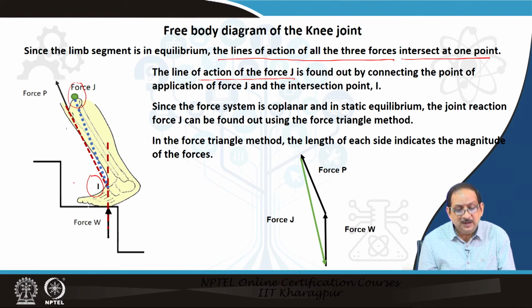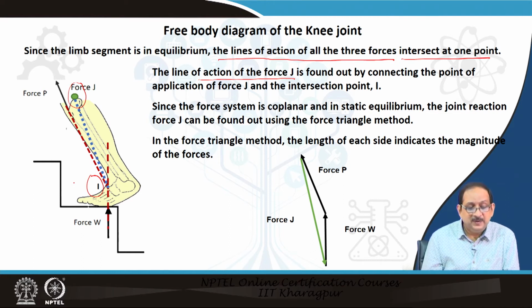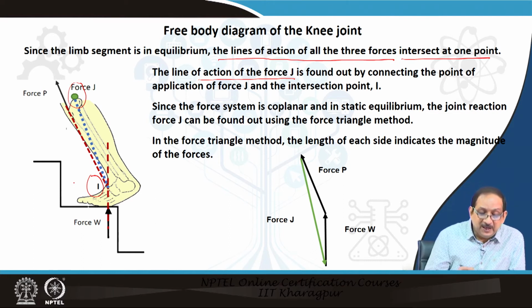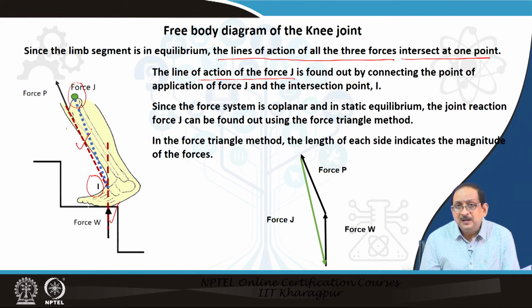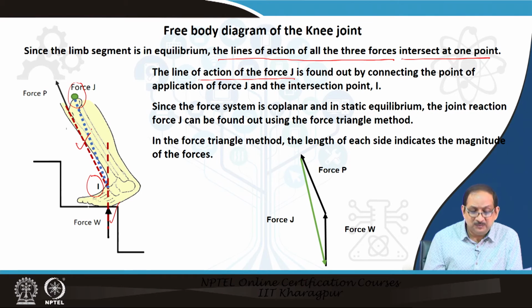This intersection point I is found by extending the lines of action of forces P and W as indicated in the figure.